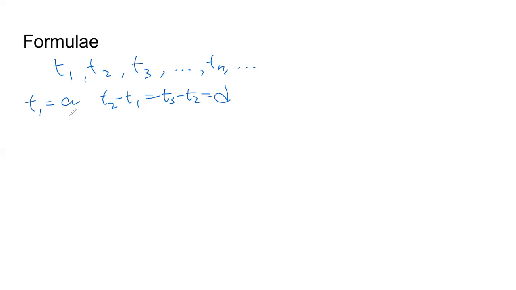Because of this, if we have to find the nth term, we can easily find it by the formula A plus n minus 1 into D. So this is the definition of arithmetic progression, and this is the formula for the nth term of the arithmetic progression.